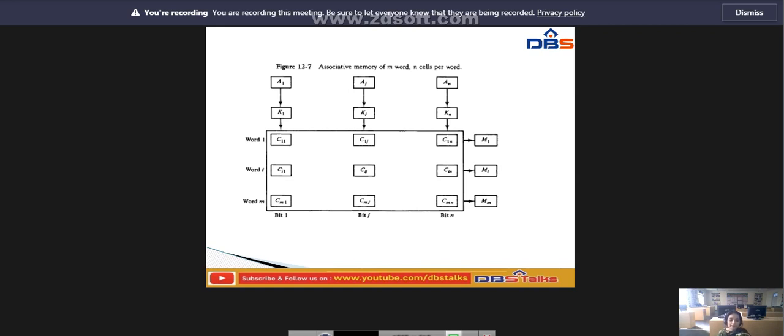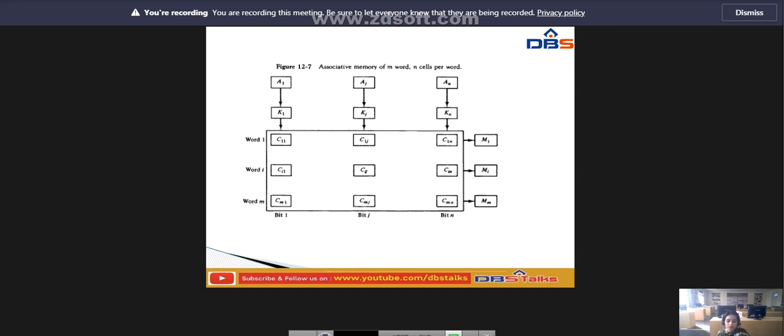A bit Aj in the argument register is compared with all the bits in column j of the array, provided that Kj is equal to 1. This is done for all columns, j equal to 1 up to n.